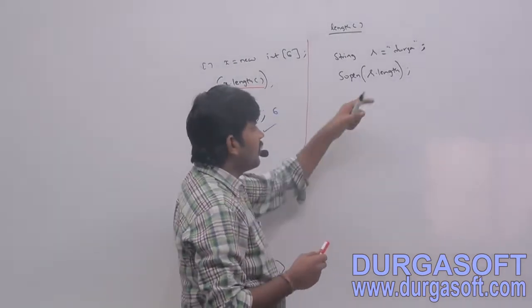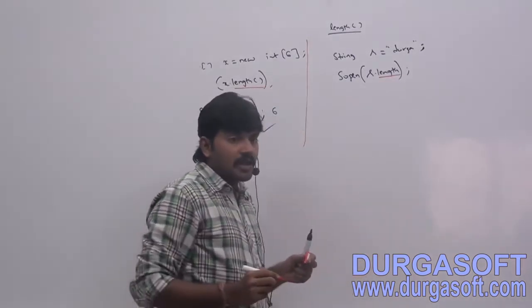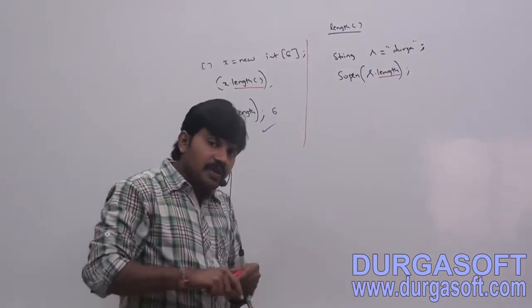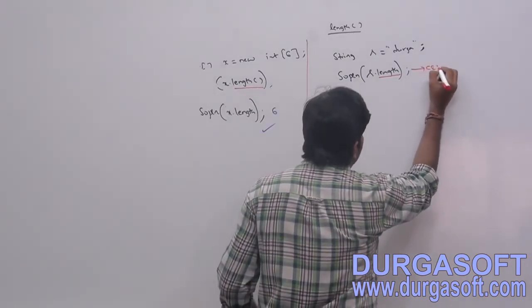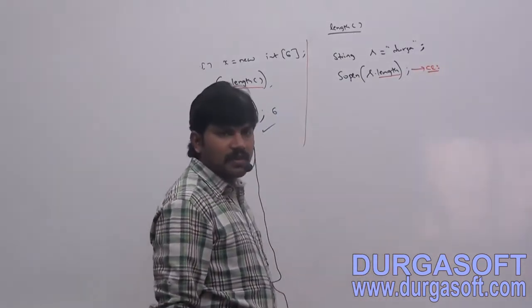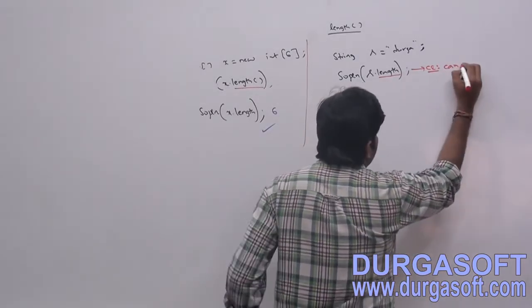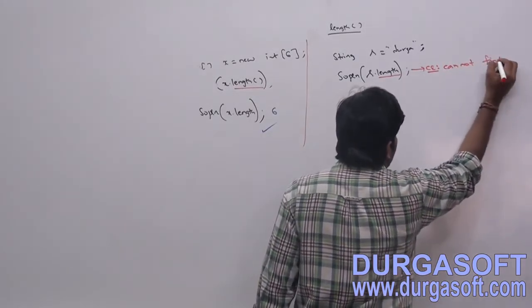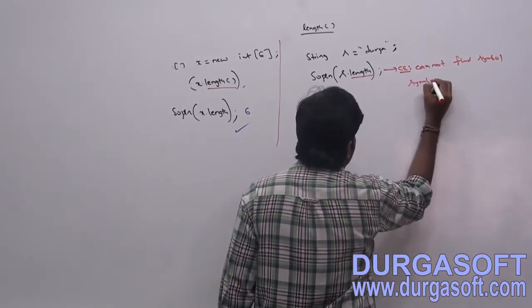Don't think too much. Length variable is not applicable for string. Length method is applicable. Length variable is not applicable. Do you know what compile time error we are going to get? Cannot find symbol.